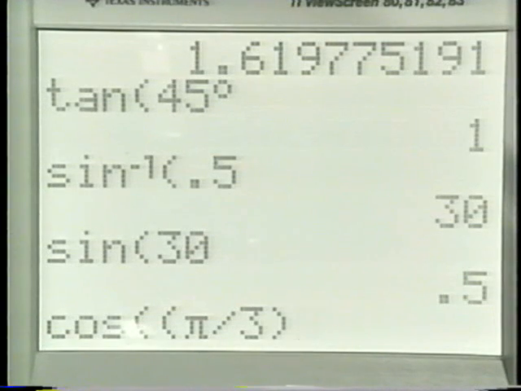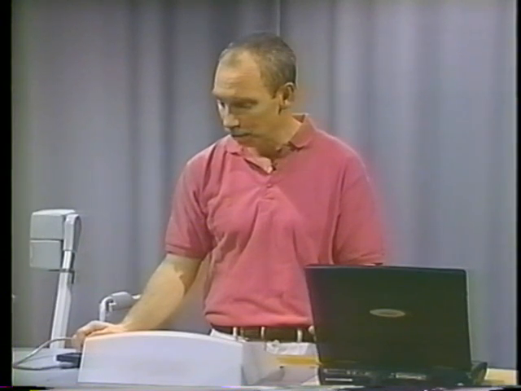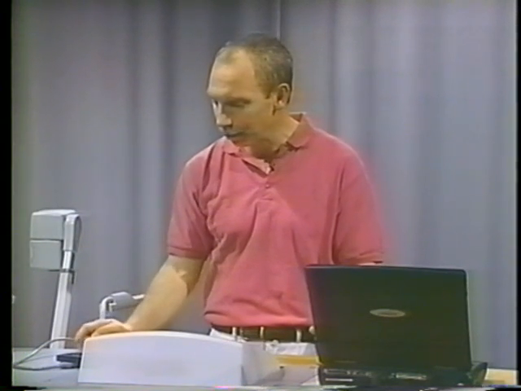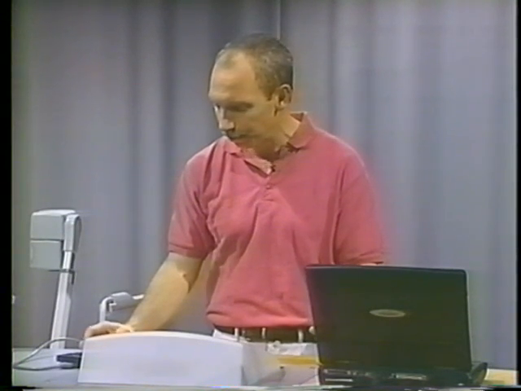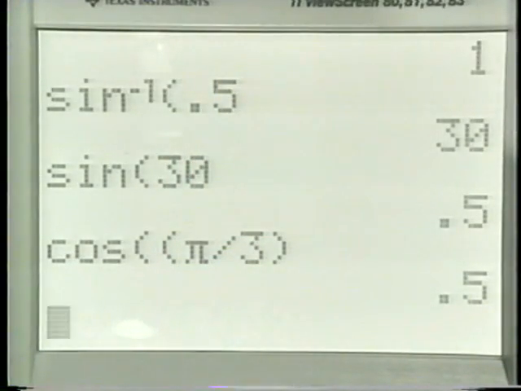Because if I didn't, it would take the cosine of pi and then divide the answer by 3. Okay? And I don't need a back parenthesis for the cosine, but I do need those two. Okay? And the cosine of pi over 3 is 0.5, happens to be. Okay, I'm doing some ones that come out nice. Okay, and why didn't I have to put a radian measure there? Okay, because I'm already in radian mode.